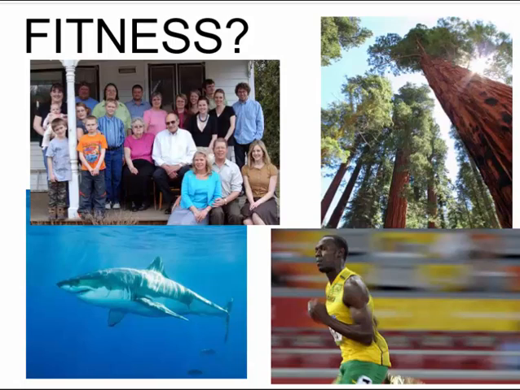You might think about athleticism, or this powerful shark, or a tree that's big and tall and strong. But this family here and these great grandparents in the middle, these are potentially the most fit individuals in these images. The trees, maybe we're not sure about, and the shark. But it's all about offspring production.